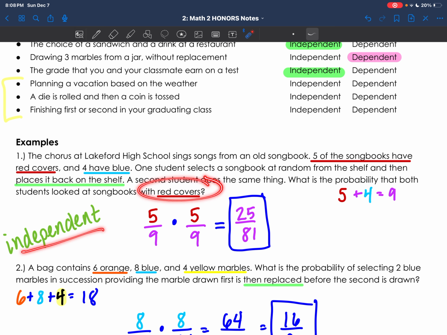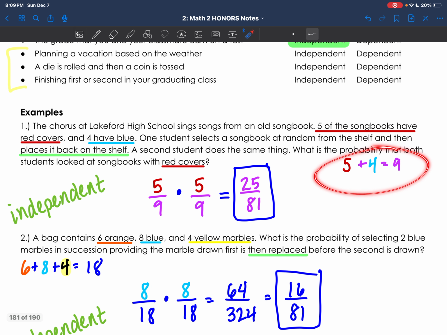Well, this is considered independent because they placed it back on the shelf. Since they put it back, this event does not affect this event. So they both have a chance of 5 out of 9. Now you multiply them, which will be 25 over 81. I got 9 because I added the 2 together. I didn't tell you that, but I had it written down.